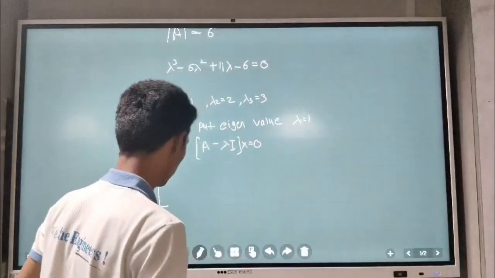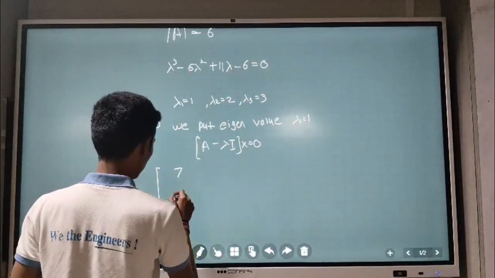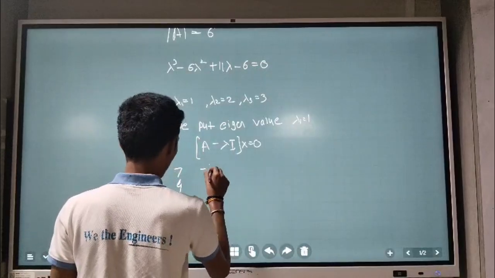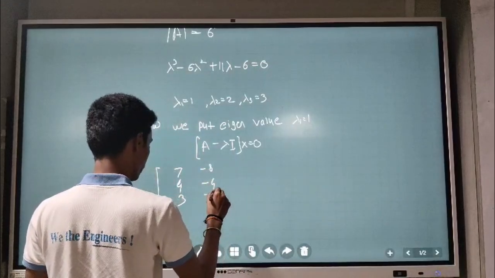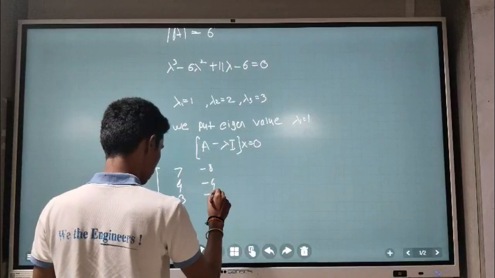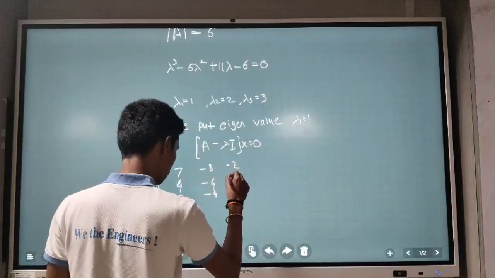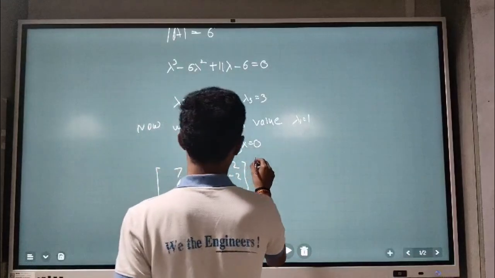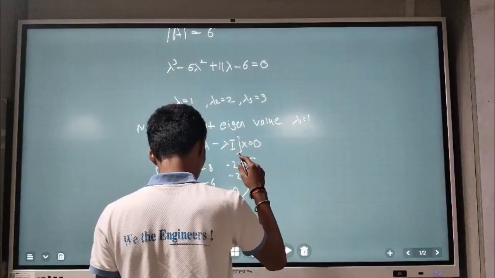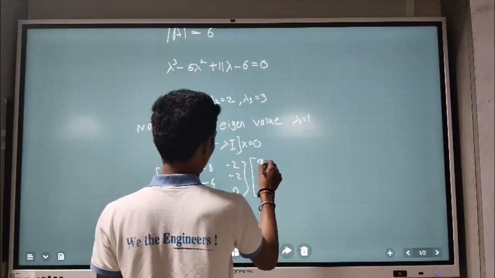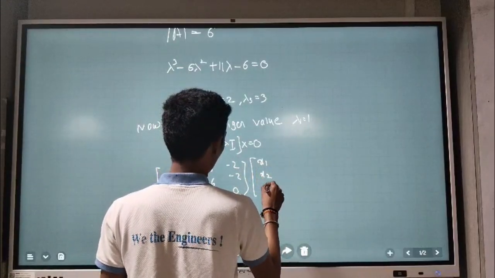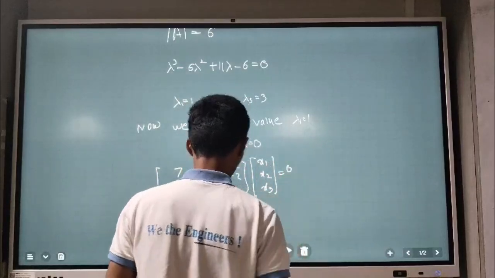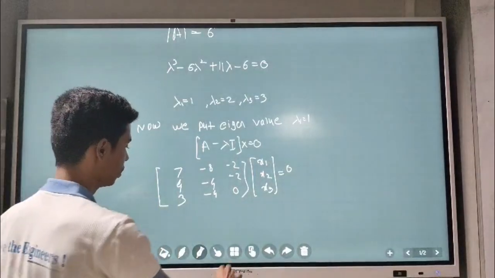For the given matrix we get the values like 7, 4, 3, minus 8, minus 4, minus 4, minus 2, minus 2, 0, and on the other side we have x1, x2, x3 equal to 0. So now we use Cramer's rule.